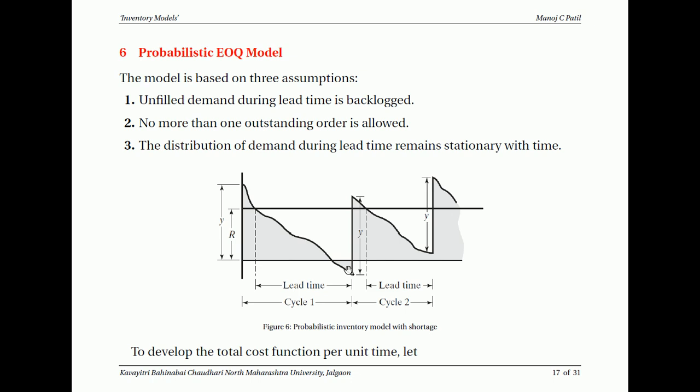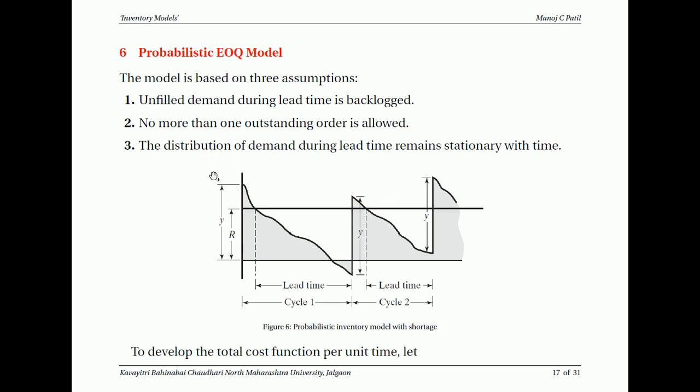It may be from that reserved stock we have used, a buffer stock. Okay, that is the demand during the backlog only. So no more than one outstanding order, so lead time should not be greater than T naught, that cycle. Okay, the distribution of the demand during the lead time remains stationary with respect to time, so it should not be a function of time.